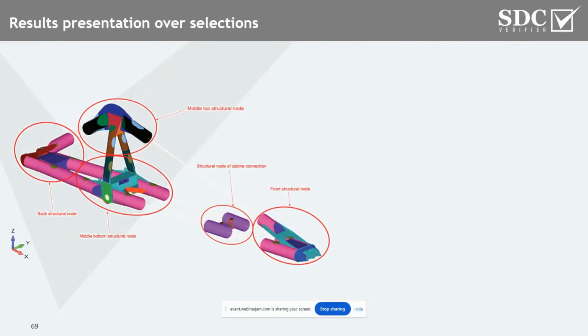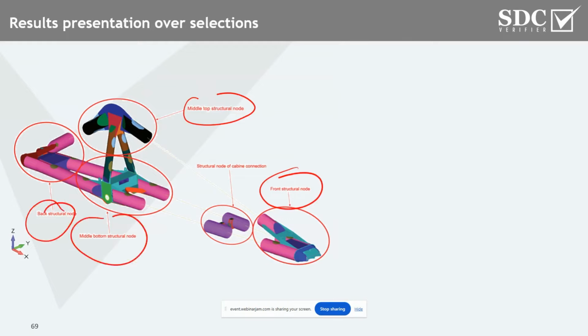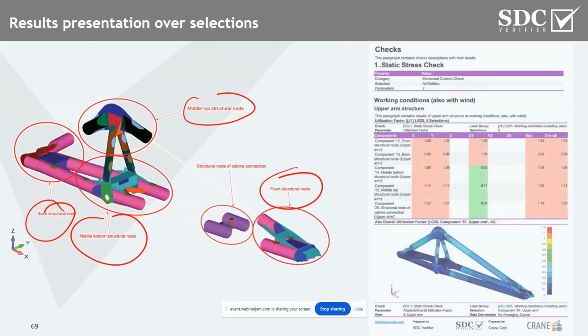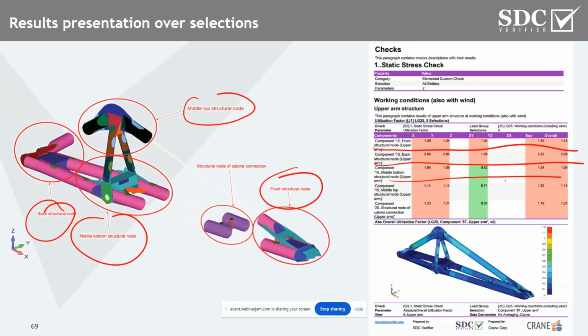Let's say when seeing this upper part, sometimes you model your connections separately in detail, or you would divide them by structural components, like, for example, top node, front node, some back part, middle connection, and so on. So you can also divide it over selections and present results in this way. Let's say I want to present my check results for different connections.